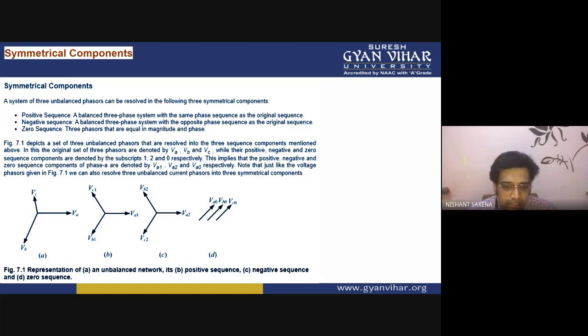Look at figure A. Here we have a three-phase system VA, VB, and VC, and all three phases are of different magnitudes. So this is an unbalanced system. Though they may differ by a phase angle of 120 degrees, their magnitudes are different.